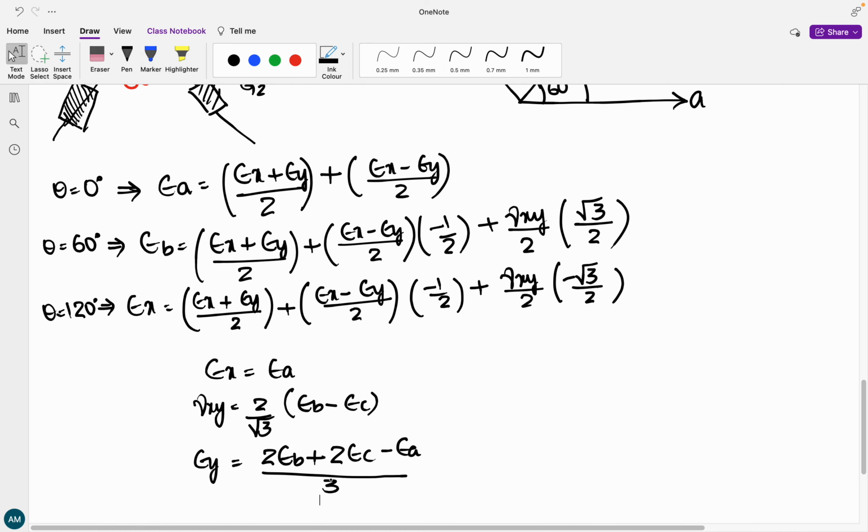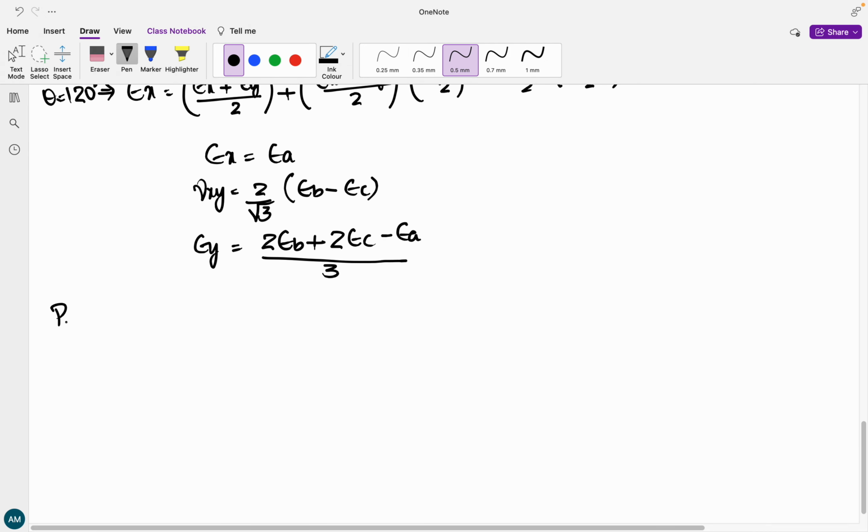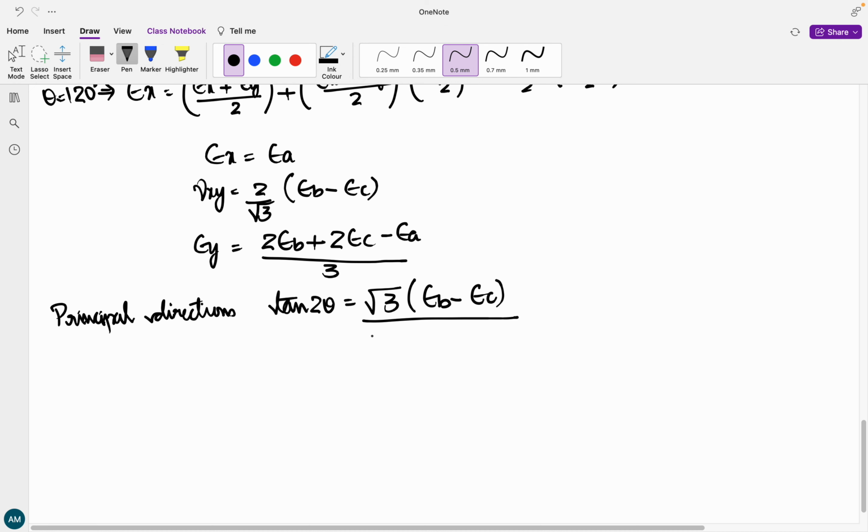Alright, so we can write that principal directions, that is tan 2 theta is equal to root 3 times epsilon b minus epsilon c divided by 2 epsilon a minus epsilon b minus epsilon c.